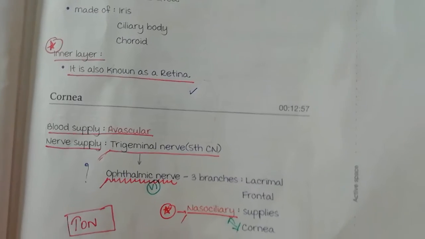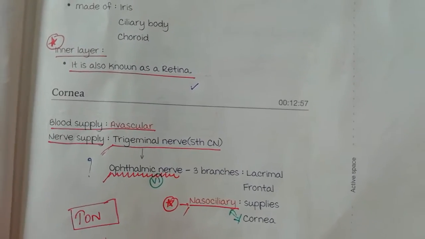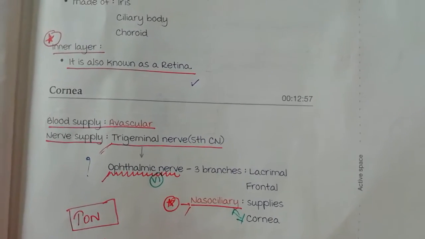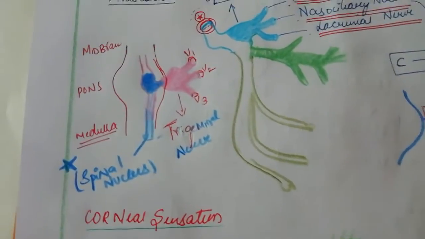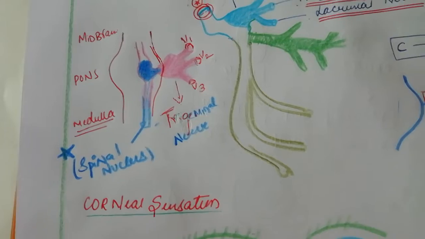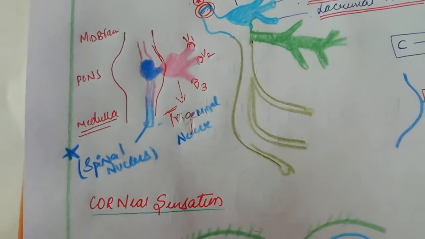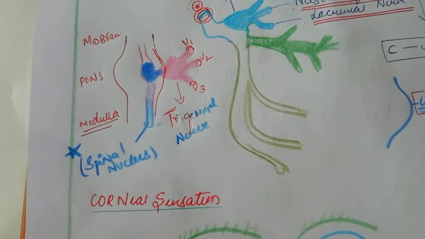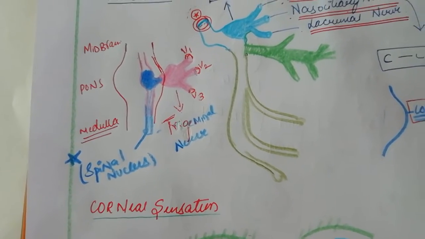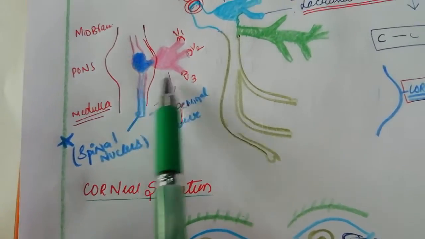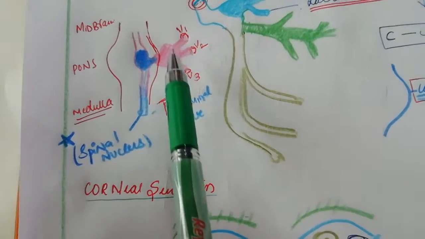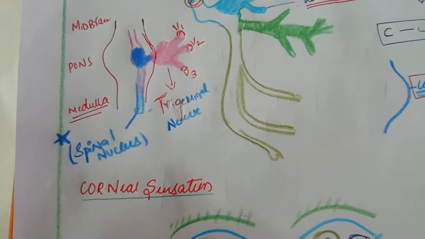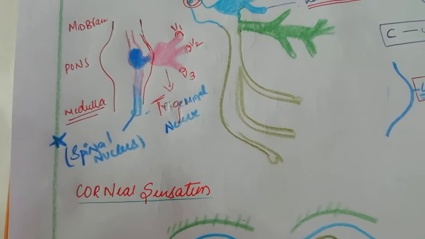Not in so much detail, but let's look at how the trigeminal nerve comes out. If you observe carefully here, this is the midbrain, pons, and medulla oblongata. We'll deal with that in detail later. If you look at the pons, this is where the trigeminal nerve starts.